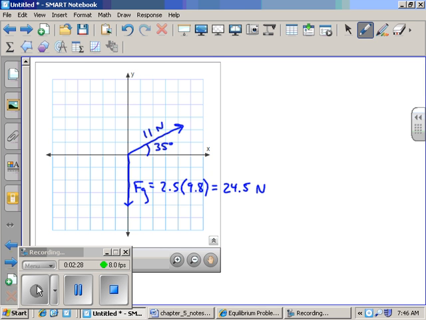So this backpack is moving from the left to the right horizontally, so the frictional force is from the right to the left. Now we also have a normal force. The backpack is resting on the table, and so the table is supplying some normal force.